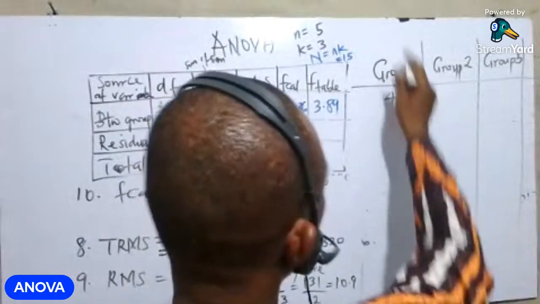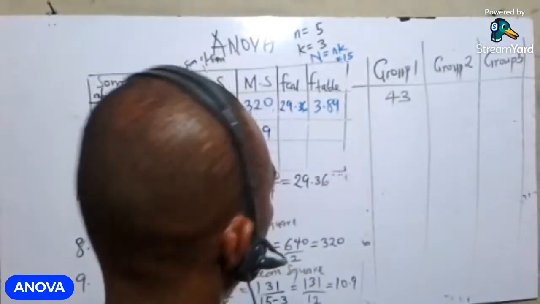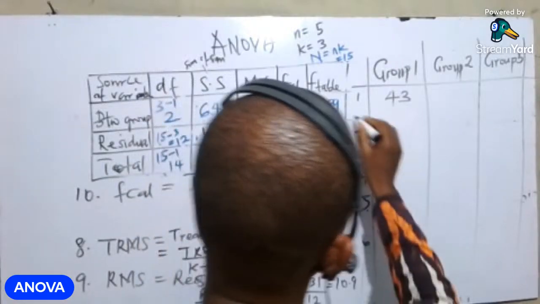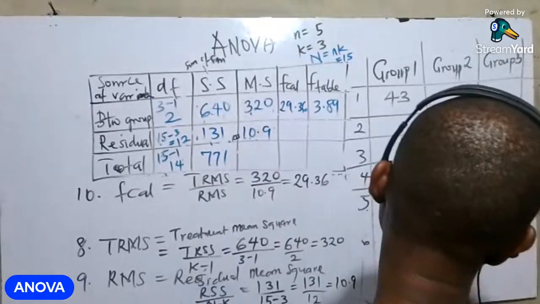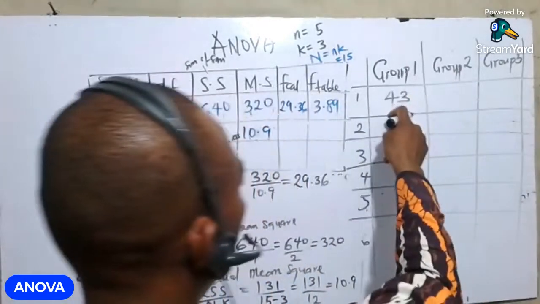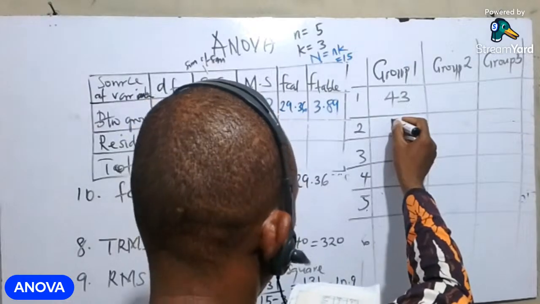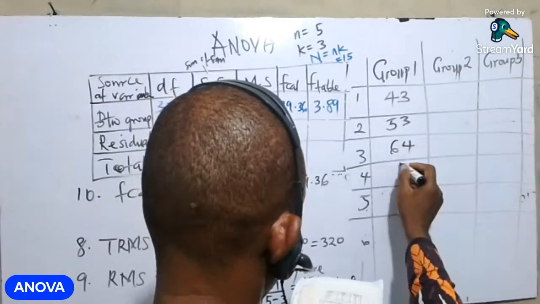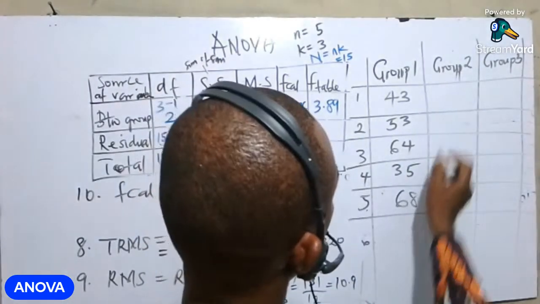He is observing 5 students, 1, 2, 3, 4, 5, and they use 3 different methods. For the first method, the students got 43, 53, 64, 35, and 68.